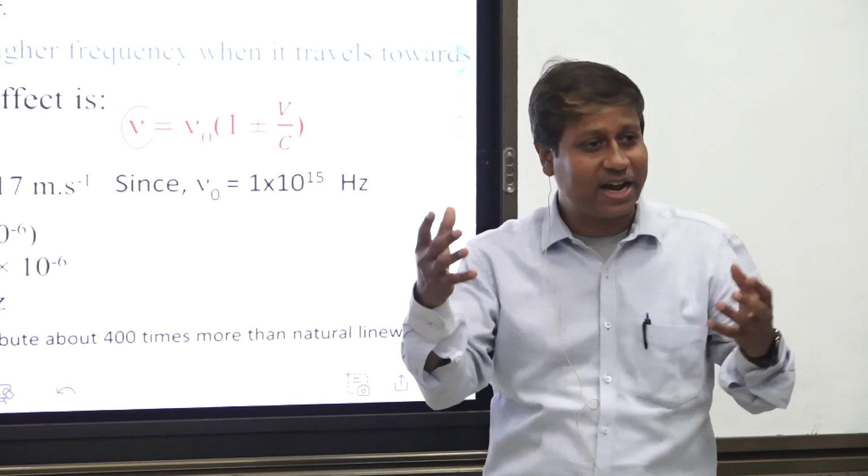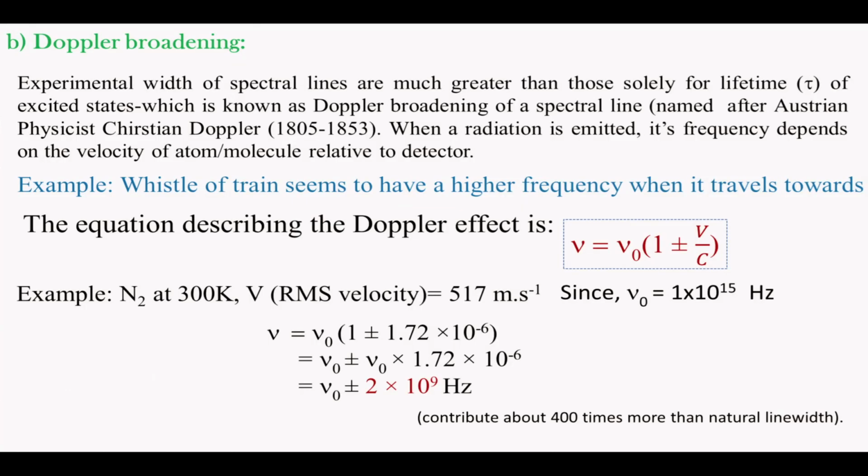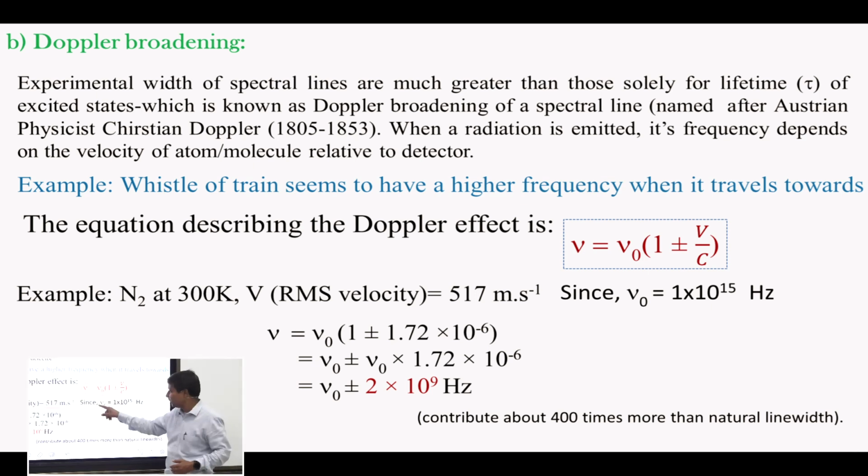For nitrogen at 300 Kelvin, the velocity is 517 meters per second, and the nu zero value is 10 to the power 15 hertz.